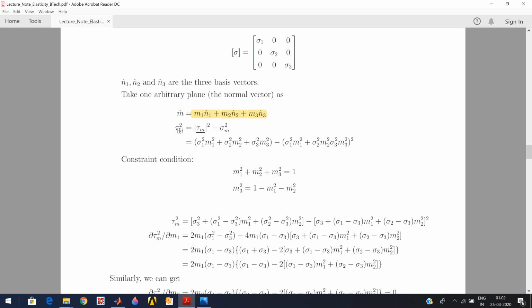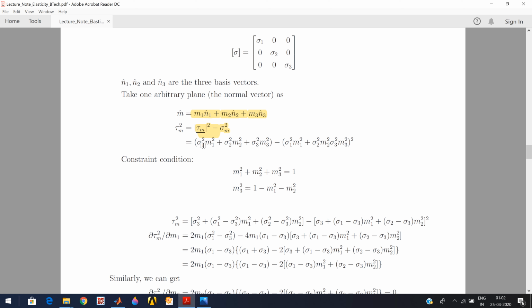So that's why we'll optimize tau m square, and here that is found out using this relation. Sorry, this one will be tau m, this is again a typo. Tau m square is equal to the traction vector square minus sigma m square. So this is a typo, and the traction vector is this one.